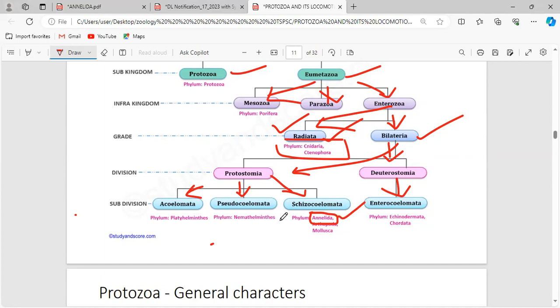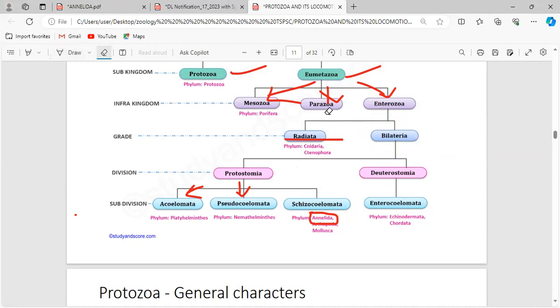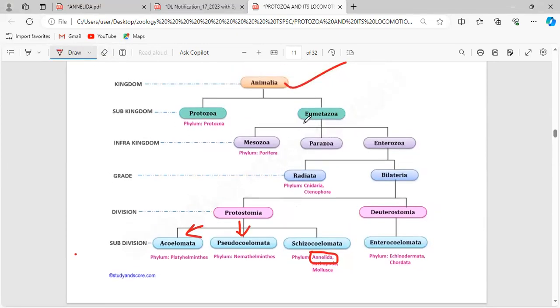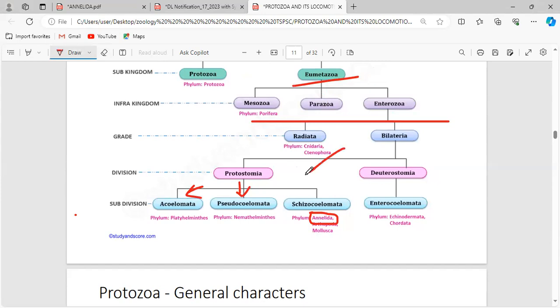Up to the phylum Annelida, there is no true body cavity present. This is why I'm stressing that you read the classification and its characteristics. Only when you know this, as we have read about this in eumetazoa too, up to this, only acoelomate or pseudocoelomate will be there.